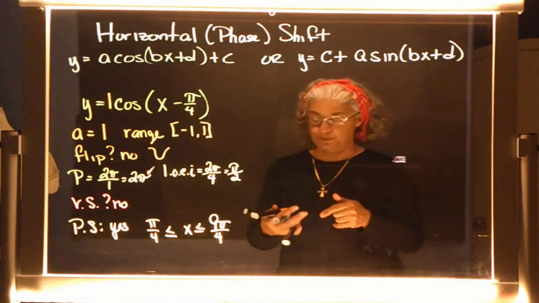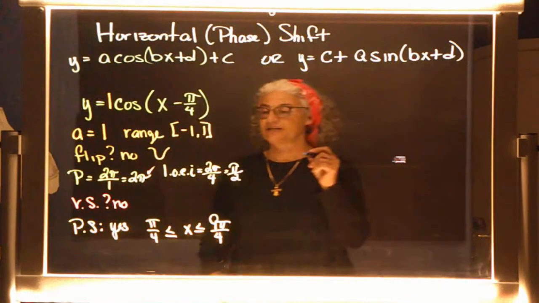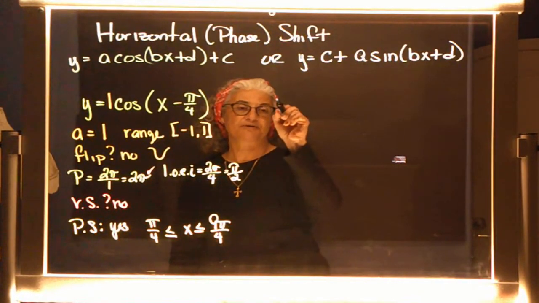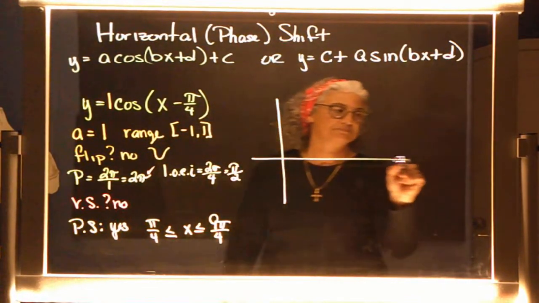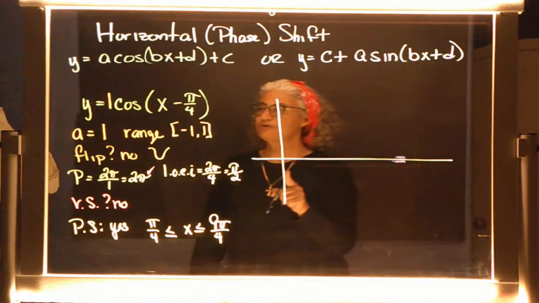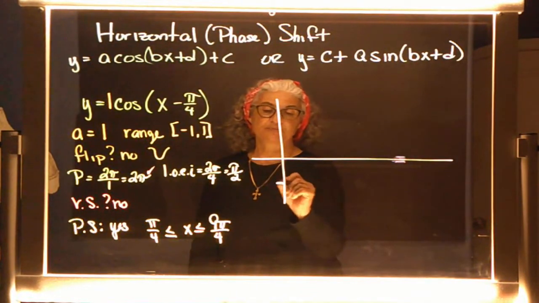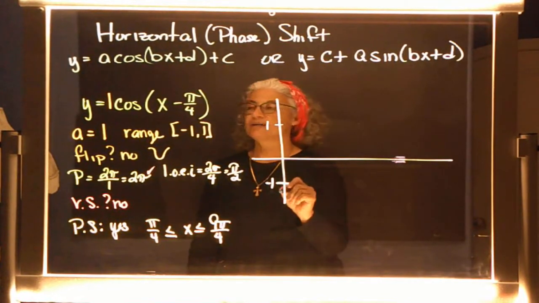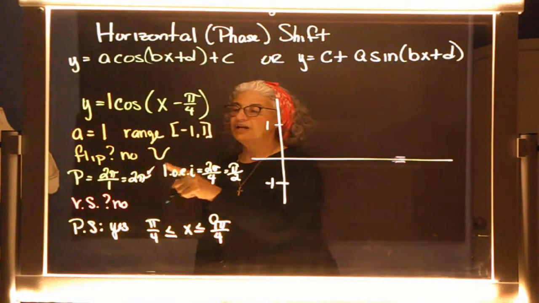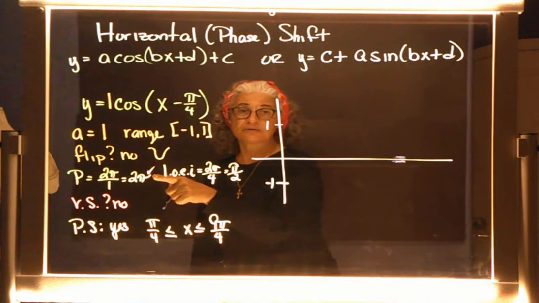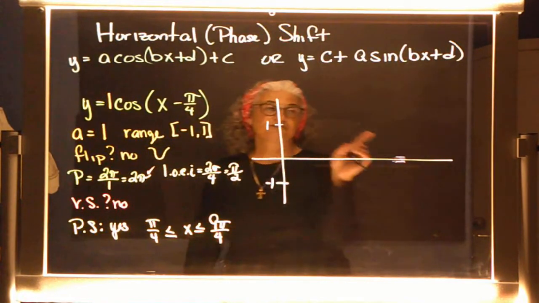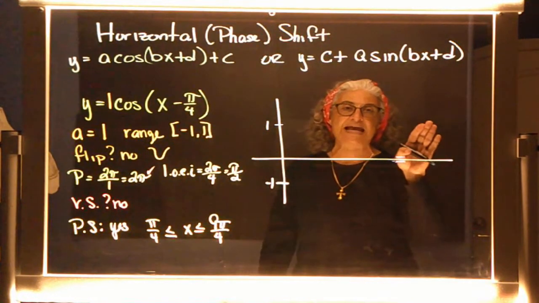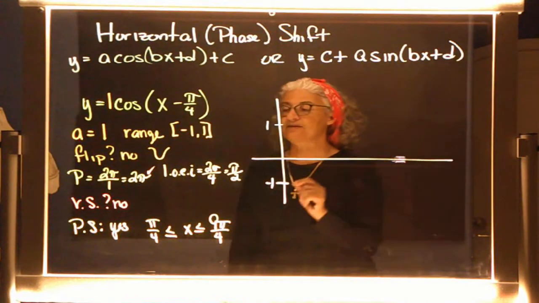So now that I've erased the board, let me get our graph system going here, okay? We know that our range is from -1 to +1. It's not flipping. A normal period, 1 full rotation around the circle in angle measurement, is 2 pi, so that's typical.